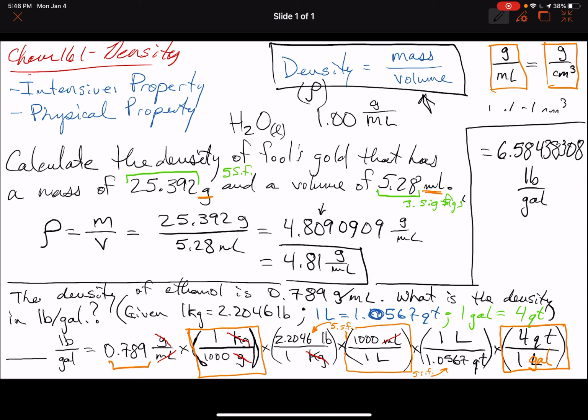So we're going to be okay to report this final answer out to just 3 sig figs, and we'll stop at 6.58 pounds per gallon. That will be our final answer there. Again, note the little mistake I had in setting this up, but thankfully we caught it, and we've got our answer.